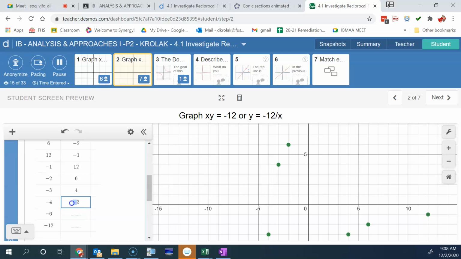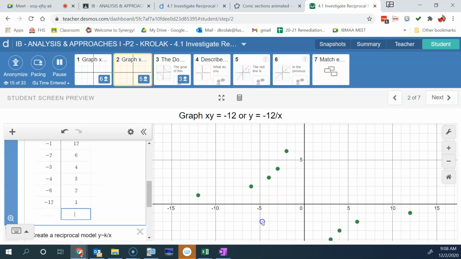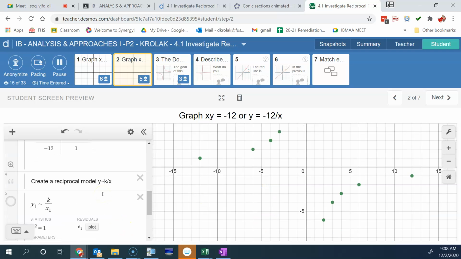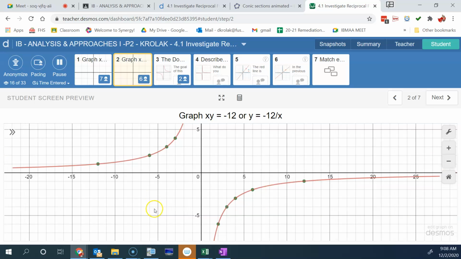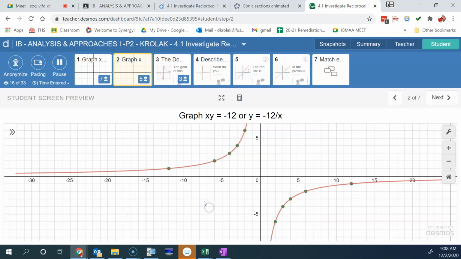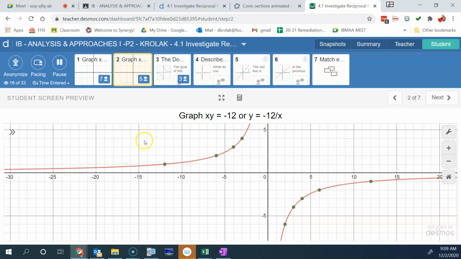Nope, 3. One of them is going to be positive, one's going to be negative to get this one. And now you can see what happened is now you're getting, okay? And then if we say, hey, put a model together, there's the model for that function.